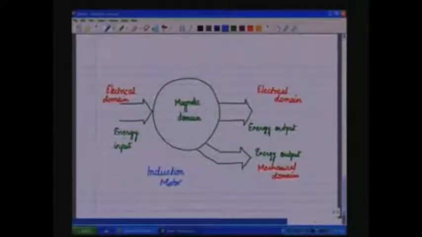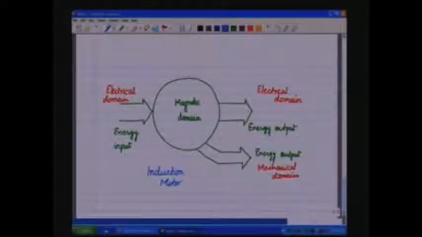Induction motor is like a three-phase transformer, where it takes energy from the electrical domain and then puts it to the mechanical domain. There is also a class of induction motor where part of the energy can also go into the electrical domain, like in a regular three-phase transformer, and part of it can go into the mechanical domain.